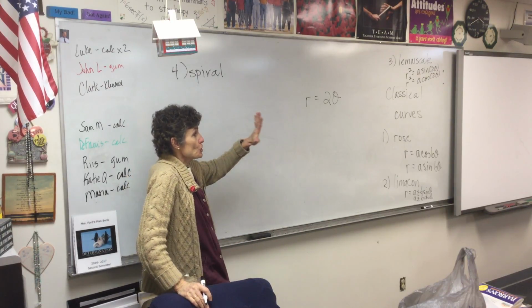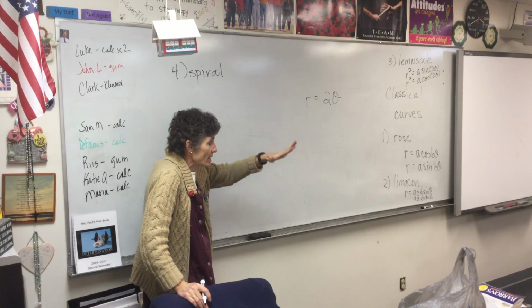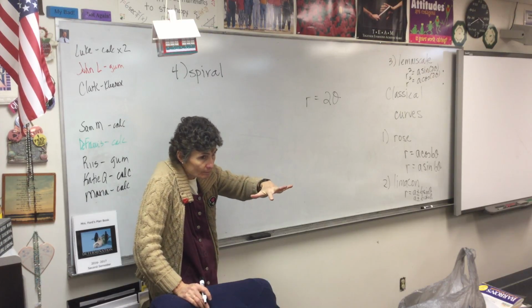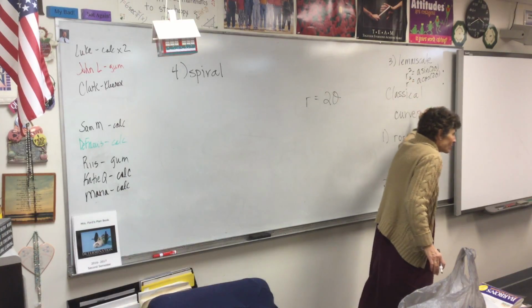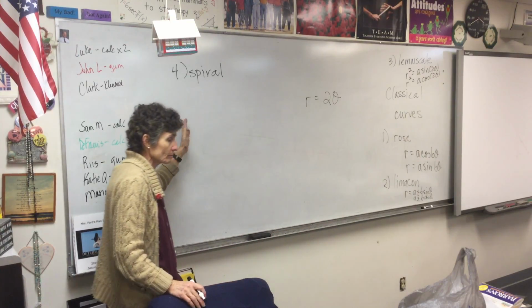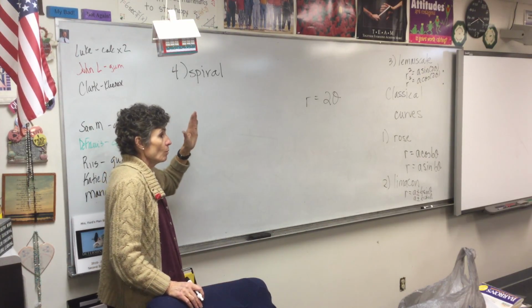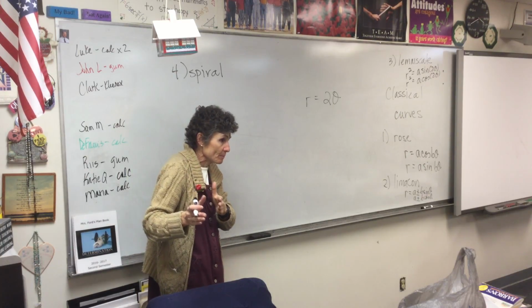Now, you will recognize the equation of a spiral because all the rest of them have a sine or a cosine in them, and this one doesn't. So what I'm trying to do is help you keep all these equations straight.